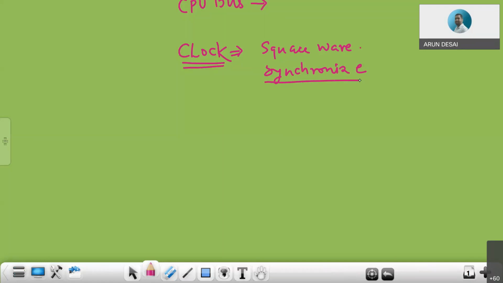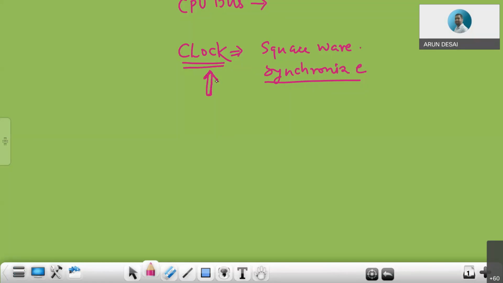Every microprocessor requires a clock pulse to operate, or you can say to do processing, right?